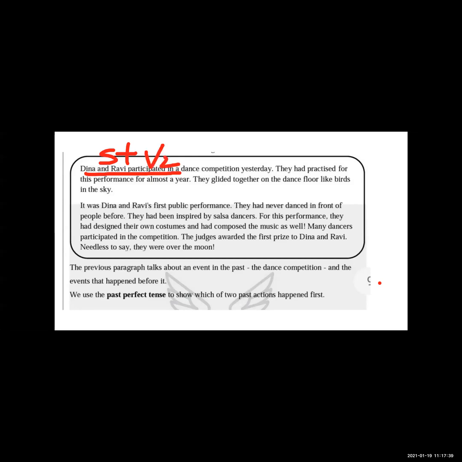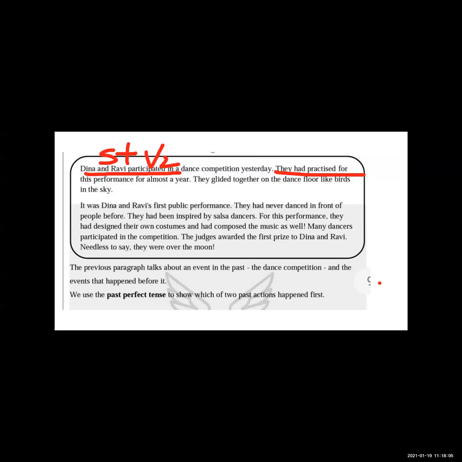Now see this sentence: They had practiced for this performance for almost a year. There is one dance competition, and for that competition they practiced. They practiced for almost a year, which means for the last year they were practicing for the dance.